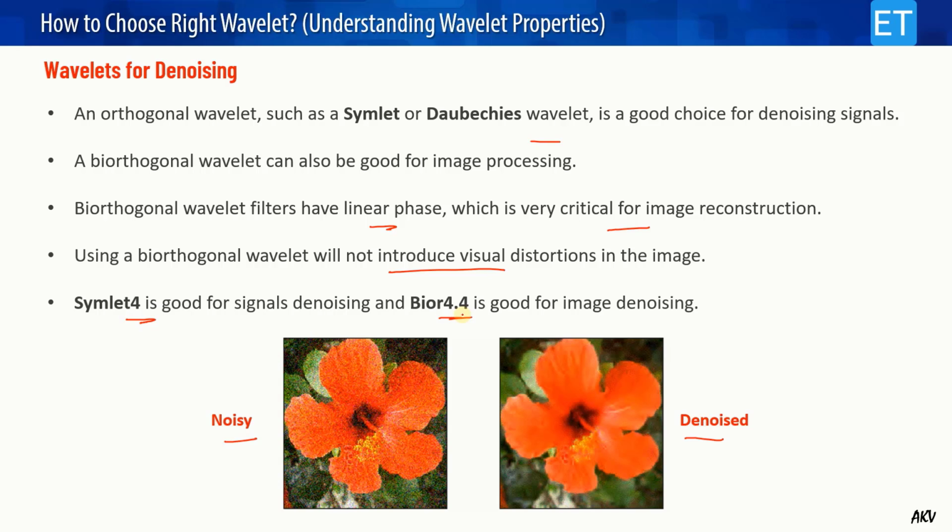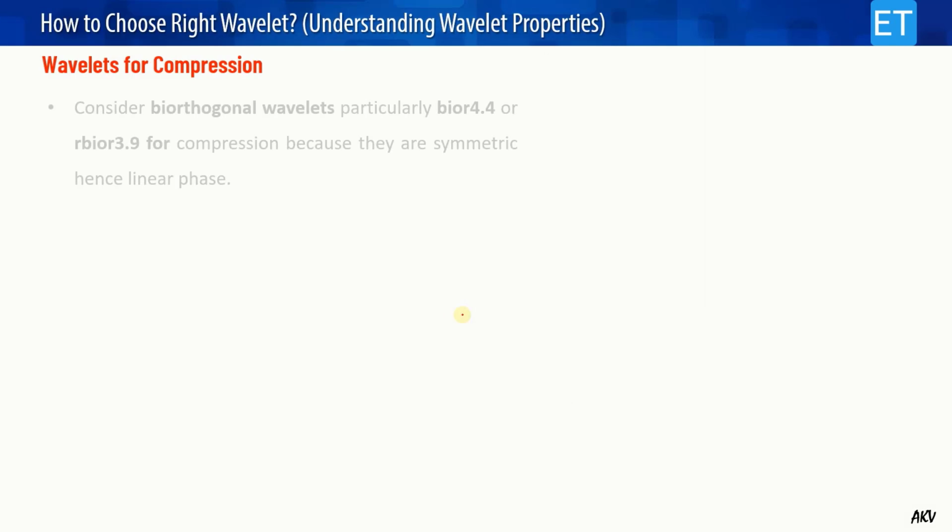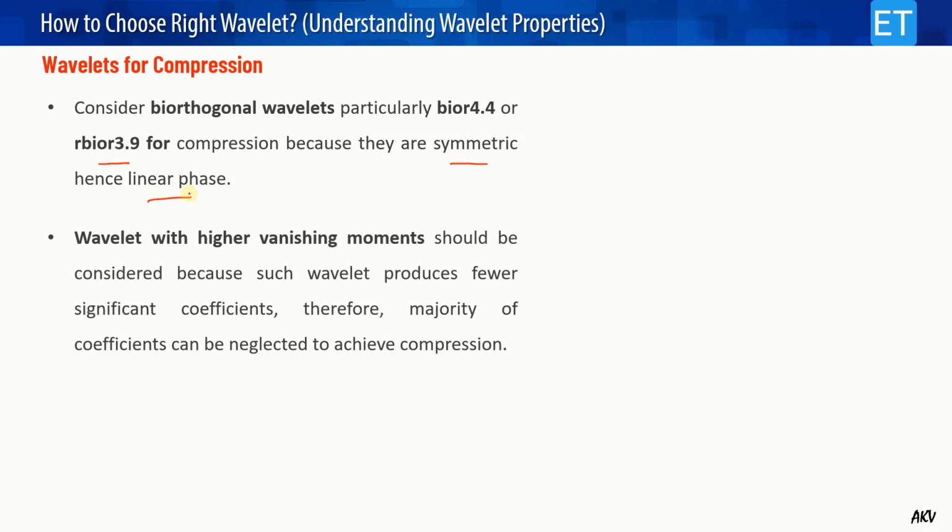Okay, and now let's see wavelets for compression. We should consider the bi-orthogonal wavelets, particularly the BIOR 4.4 and reverse BIOR 3.9 for compression, because they are symmetric and they have linear phase. Wavelets with higher vanishing moments should also be selected, because such wavelets produce fewer significant coefficients during the decomposition.